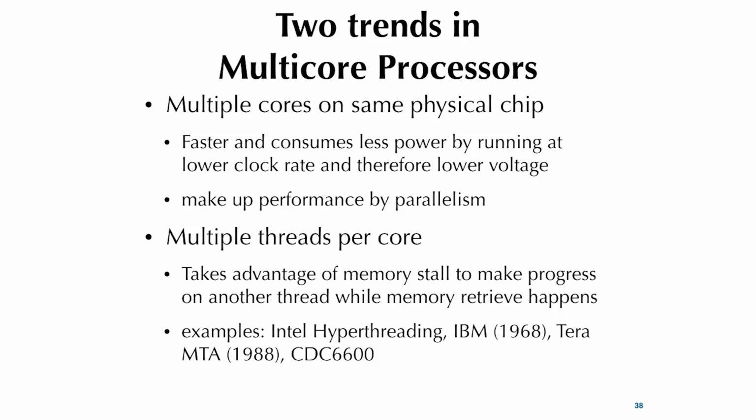So now we're going to digress a little bit into what's called SMT. We mentioned it a few times, but in this chapter the book actually has more coverage, and they actually updated some of the coverage. So I'm going to spend a little time talking about this. So, trends in multi-core processors. One is multiple cores on the same chip. Why?